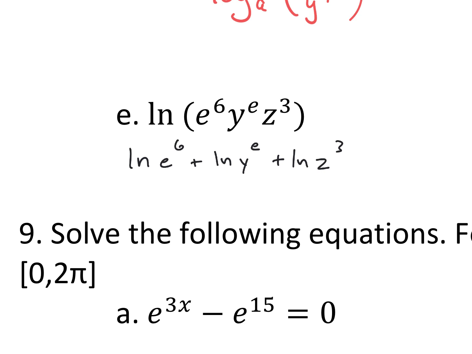This first term, the natural log of e to the sixth, that's just going to be 6. This next expression is going to be e times the natural log of y, and then we're going to add to that 3 times the natural log of 2, and that's where we're going to end this particular problem.